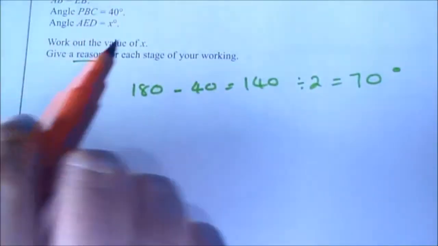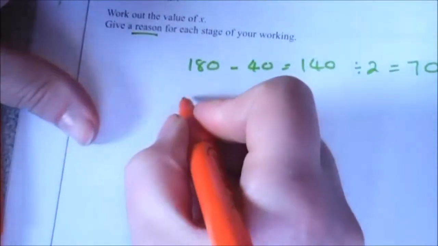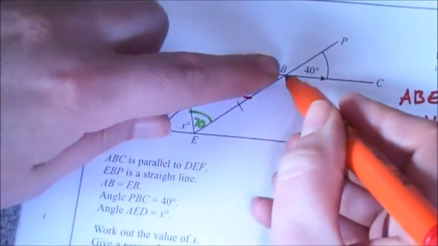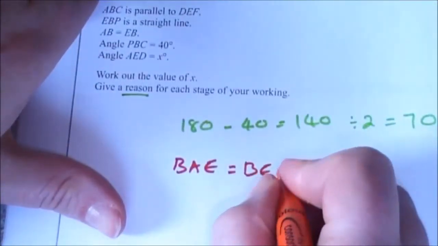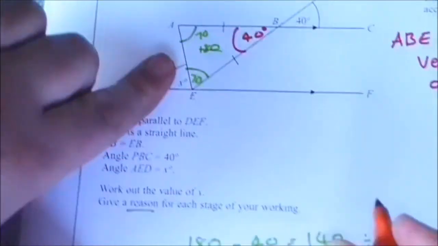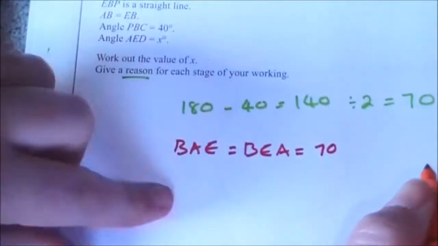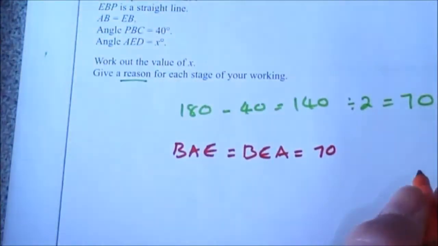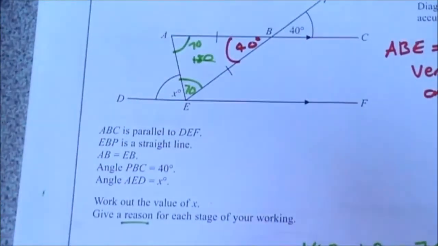So I'm going to give my reason here. That is angle BAE. So BAE is equal to BEA. And they're both equal to 70. I've marked it on my diagram as well as written it down here, just in case I get my geometric notation wrong, in which case the examiner can still see exactly what I've done up here.